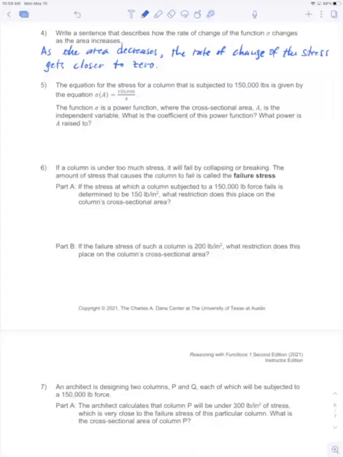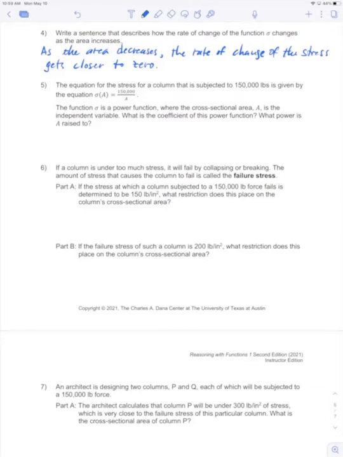Part 5. The equation for the stress for a column that is subjected to 150,000 pounds is given by sigma of A equals 150,000 over A. The function sigma is a power function where the cross-sectional area A is the independent variable. What is the coefficient of this power function, and what is A raised to?